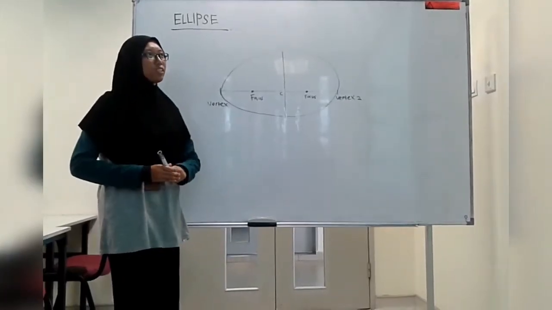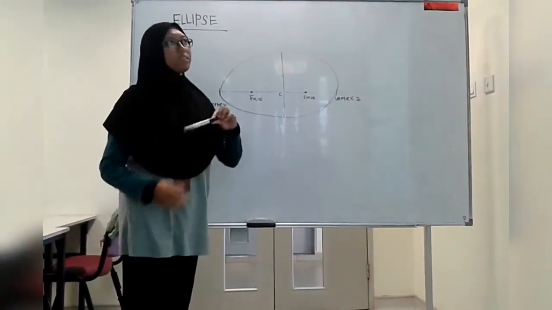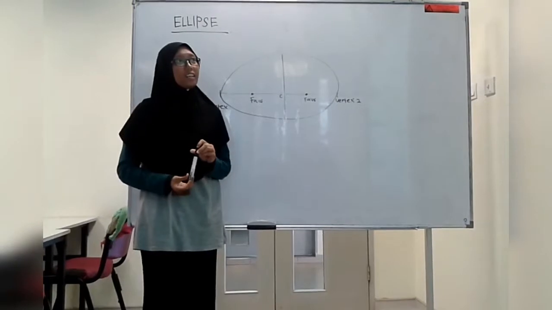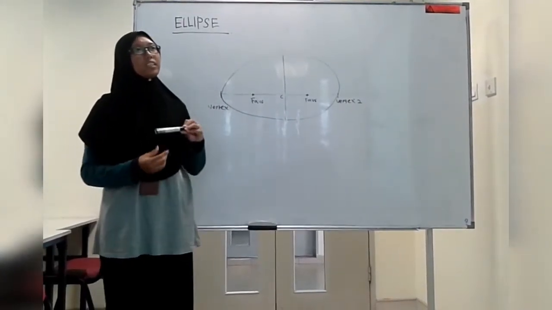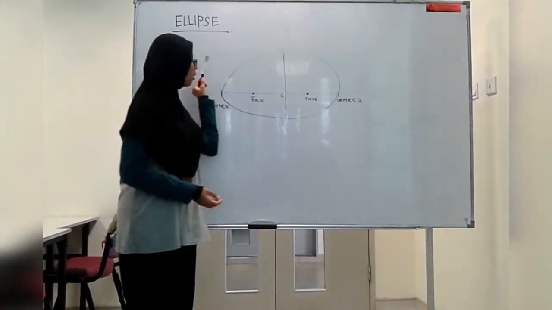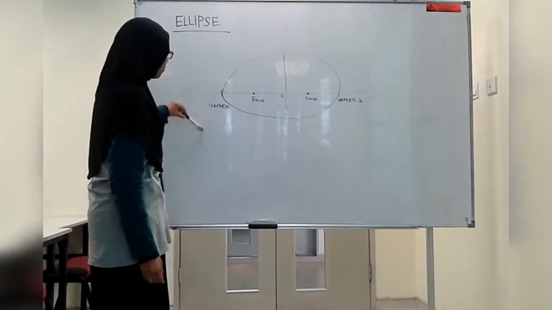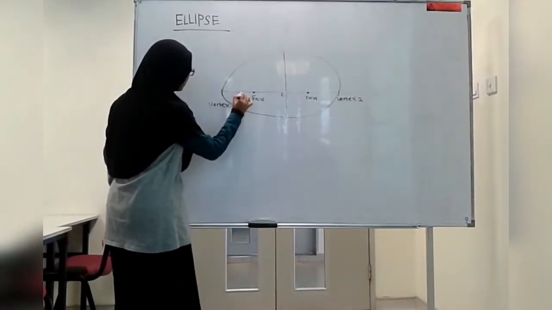Today we're going to discuss the ellipse. The definition of an ellipse is the set of points in a plane, the sum of whose distances from two fixed points is constant. So here we can see an ellipse. This line we call the major axis.